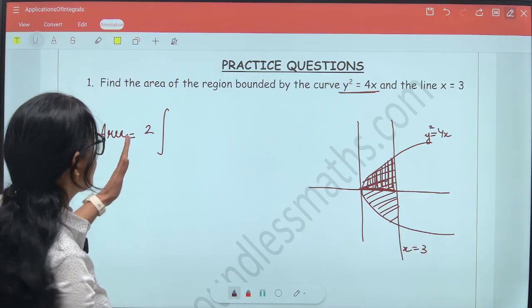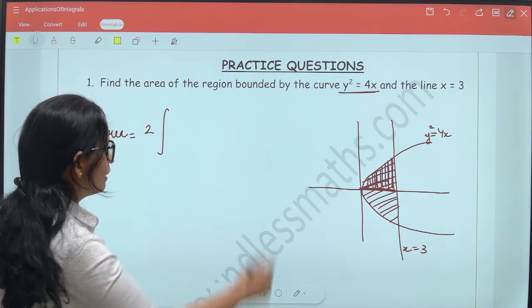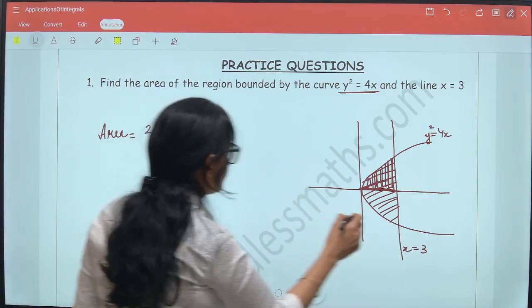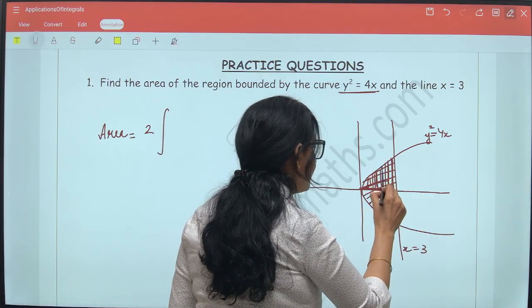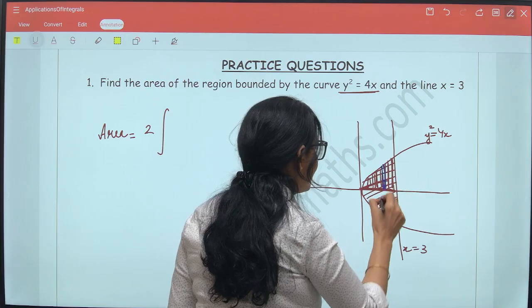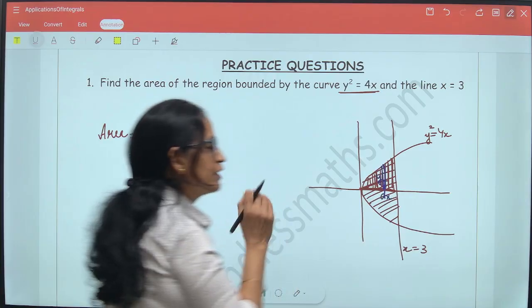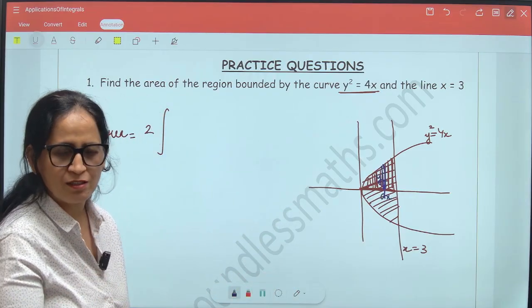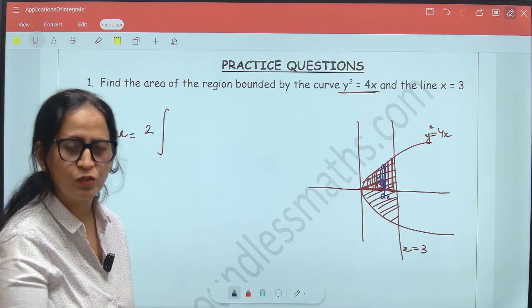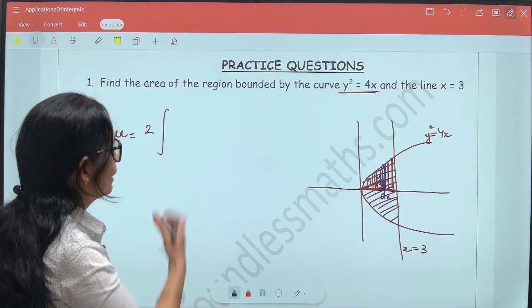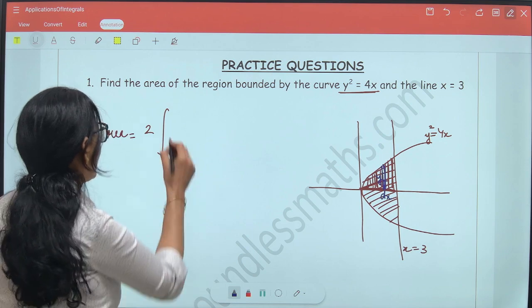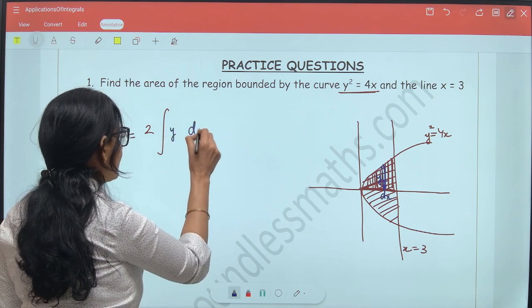So that means we will first integrate only with respect to the first quadrant. Now if I take a marginal strip here, this is dx and this is y. You may do this to get into the habit of which axis to choose for integration, which variable to use and how to write the equation for integration. That means I need to integrate y with respect to x.